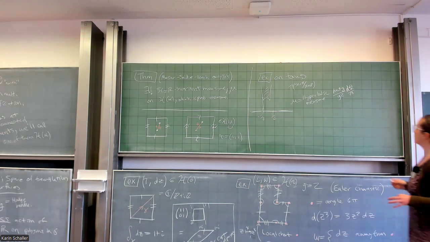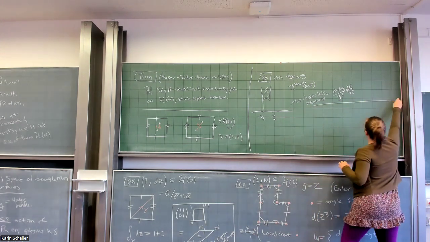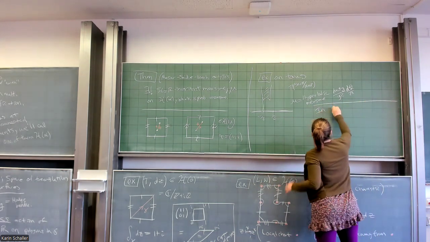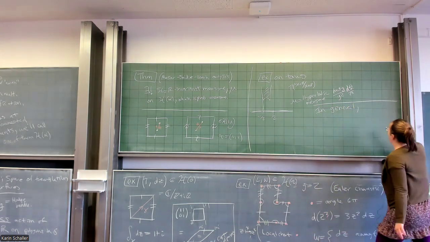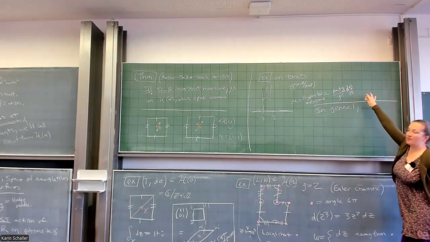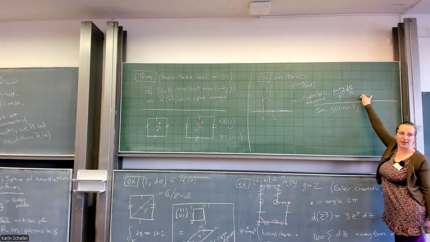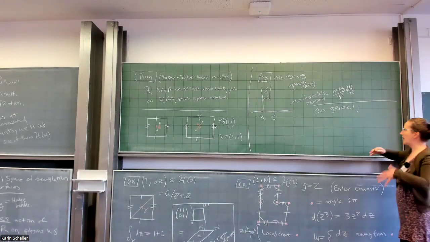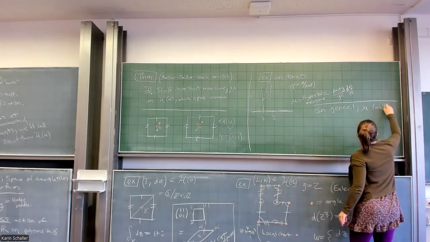But in general, we don't actually have this nice global definition for this measure. We have to talk about how we construct it locally. We can only talk about mu locally.